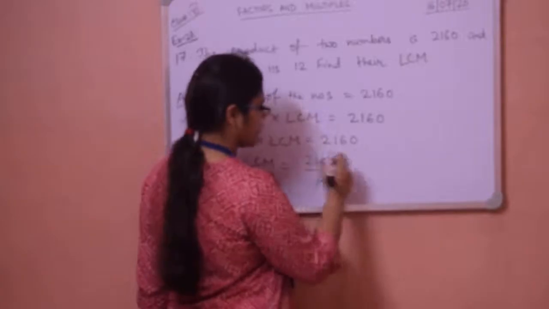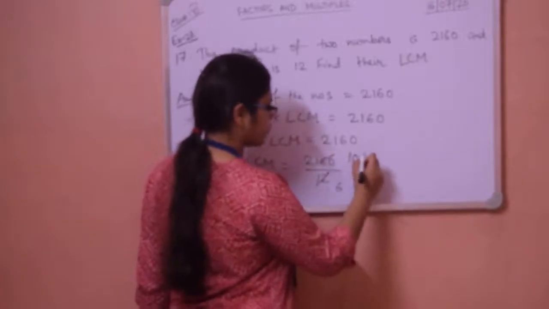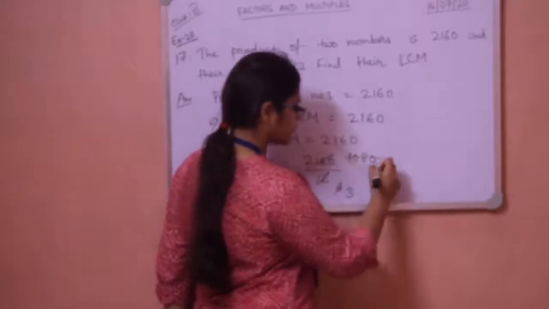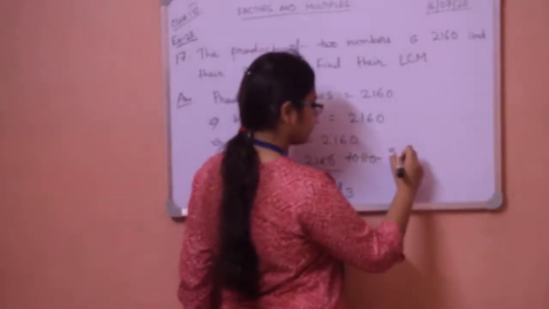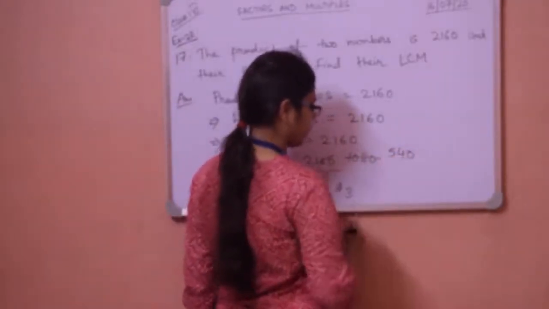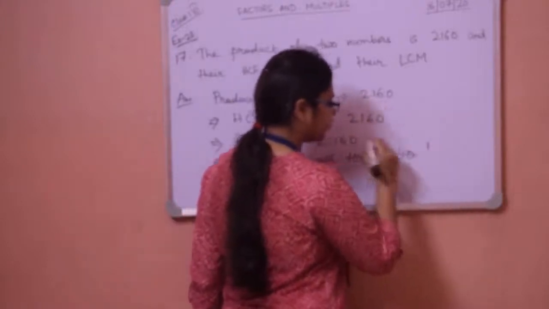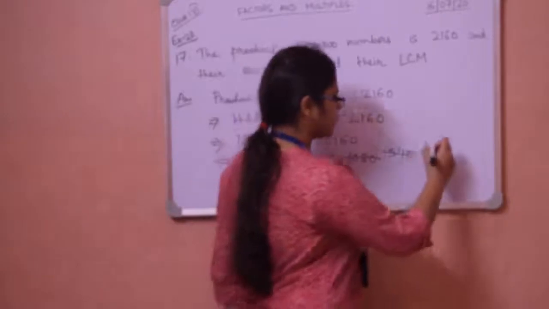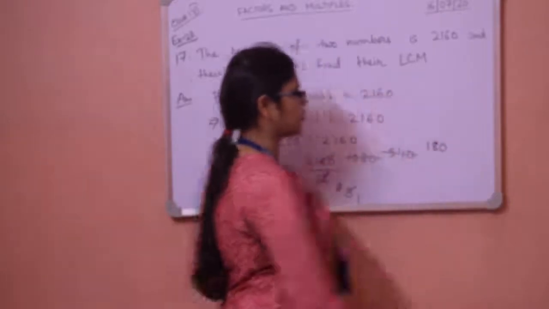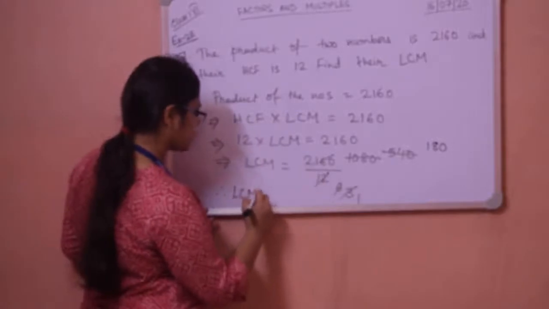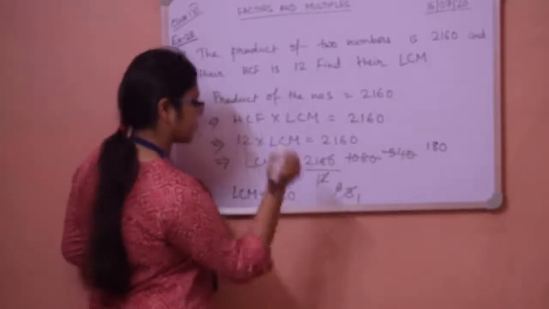So 6, 1080. Again with 2, 3, 540. Again with 3, this is 1 and 180. So that means the LCM is equals to 180.